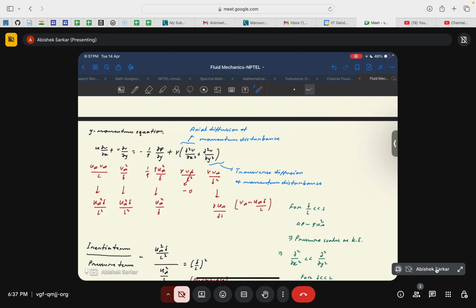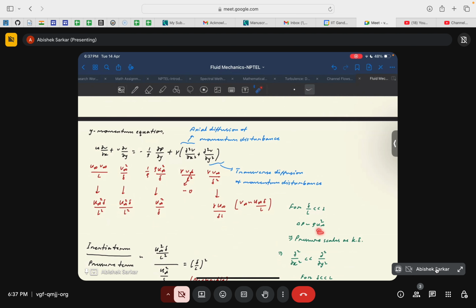We do not know how pressure varies, but since in the case of boundary layers it is the inertia of the flow that drives the flow, your pressure will vary as the inertia term, which is indeed the kinetic energy of the flow. So your delta p will scale as rho u infinity square.